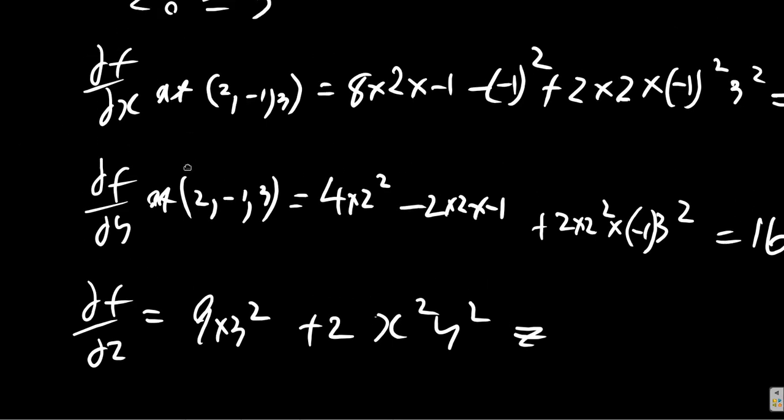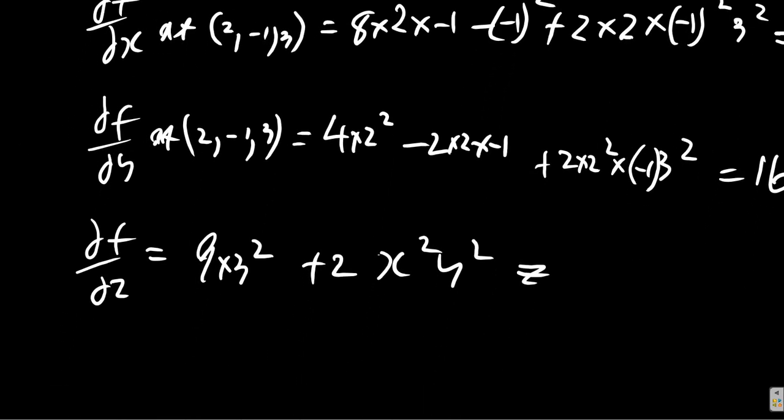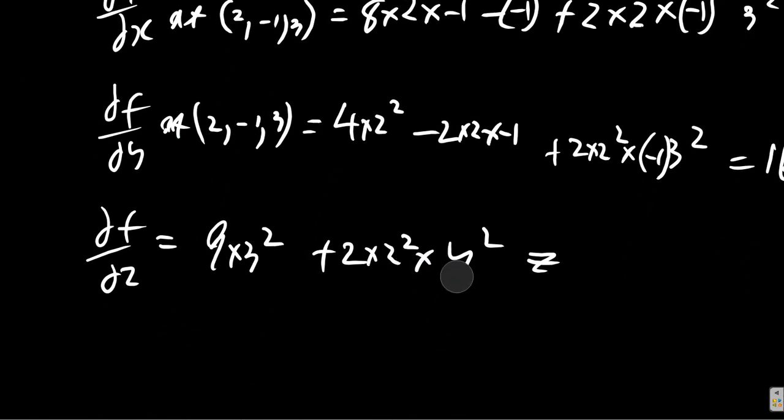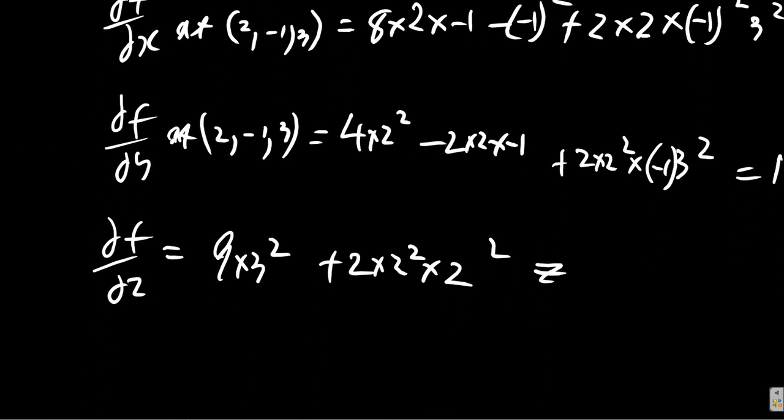X, what was x again? X was 2. So it's 2 squared. So it's 2 by 2 squared times y squared. Y was 3. So this is 3 squared times z. No, y is negative 1 and z is 3. Oh, my mistake there. This is negative 1 squared times z, which is 3.